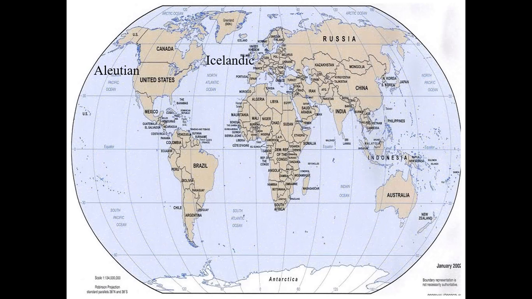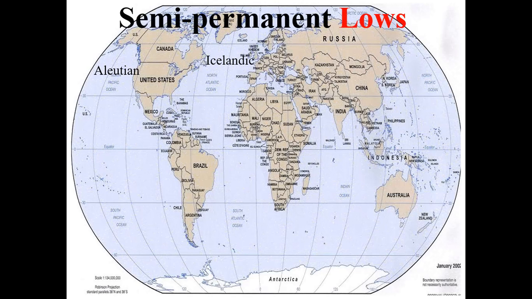Let me show you where the Aleutian and Icelandic lows set up. Right there. Okay, so the Aleutian low sets up in the Gulf of Alaska. Icelandic low, we call it Icelandic for a reason because it's close to Iceland. It's actually located between Greenland and Iceland. The regular mid-latitude cyclones over the oceans generally tend to migrate or move towards these semi-permanent lows.